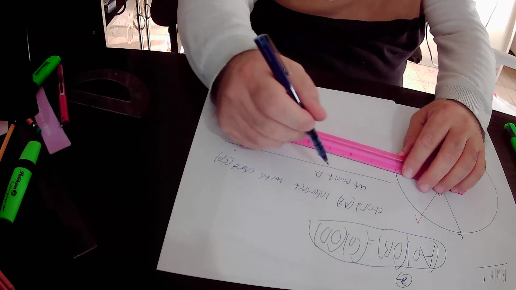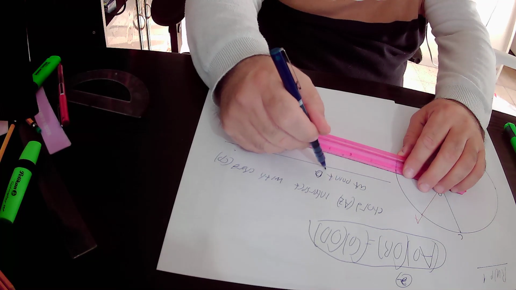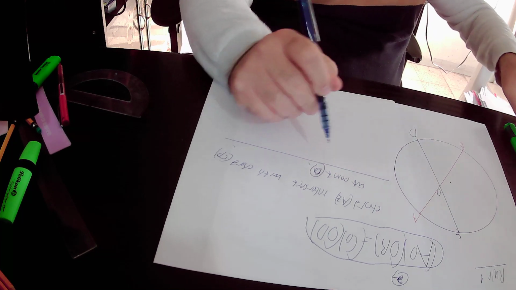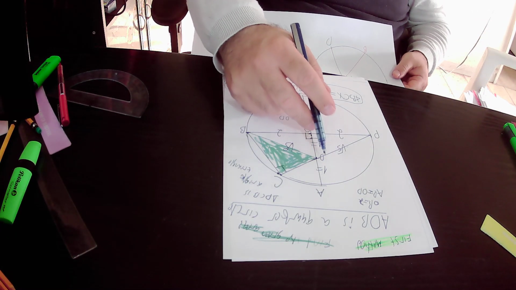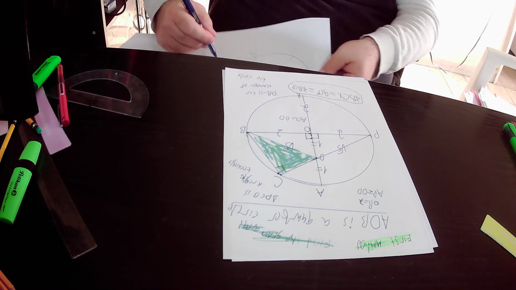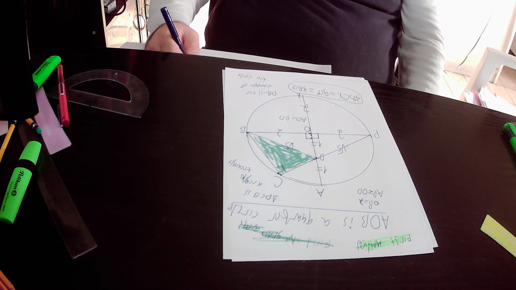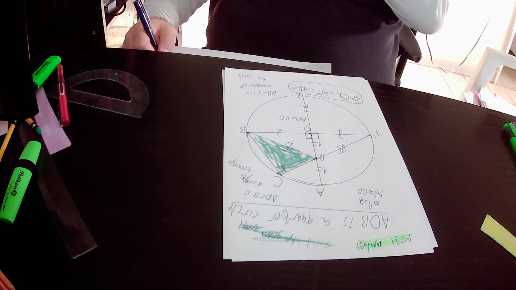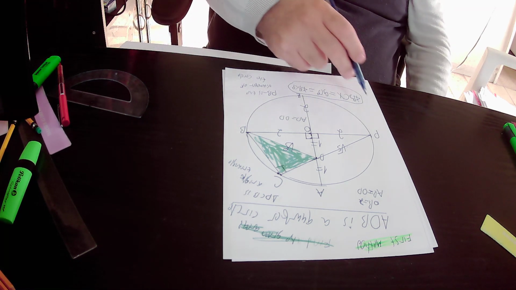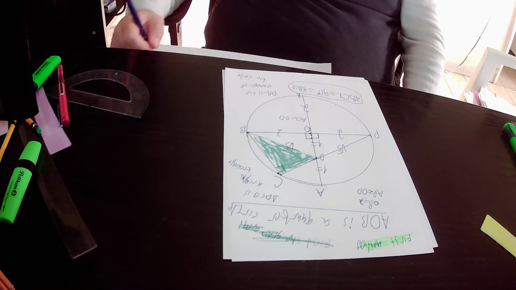Therefore, according to rule number 1, we get that AD times DZ will be equal to PD times DC.